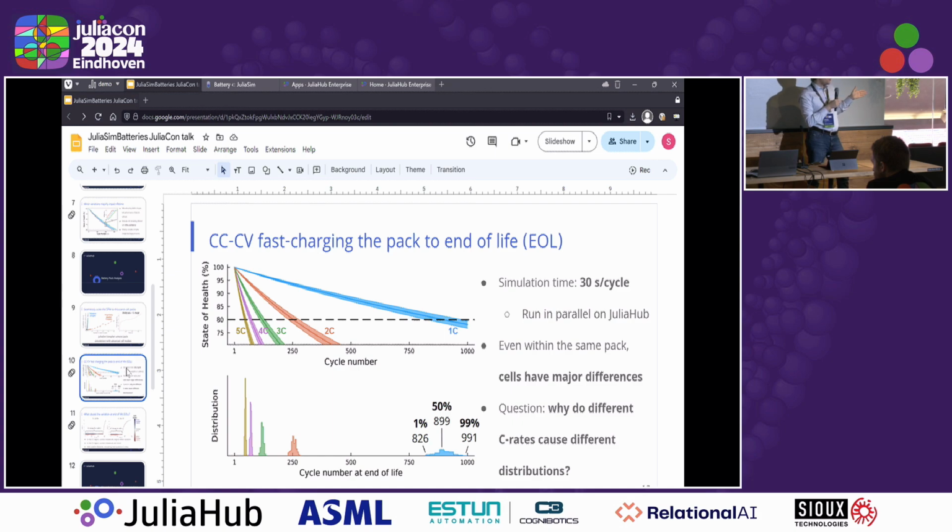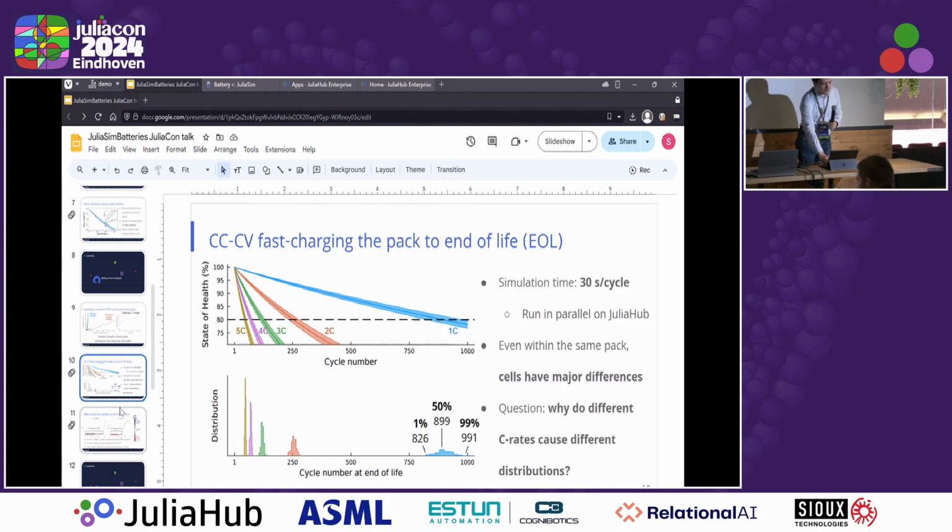So 1% of the cells reach end of life by cycle 826, and 50% of them, sorry, reach that by almost 900, so 899. If we look at the faster charging cycles, there we have a much sharper distribution.